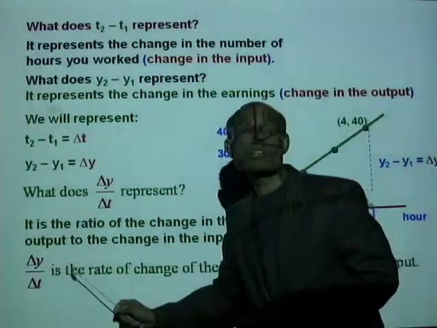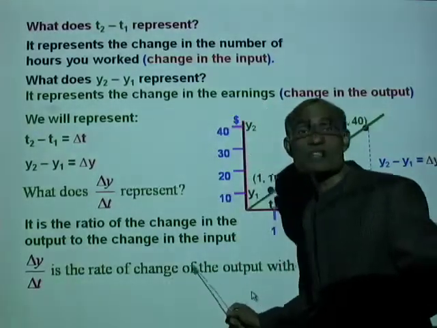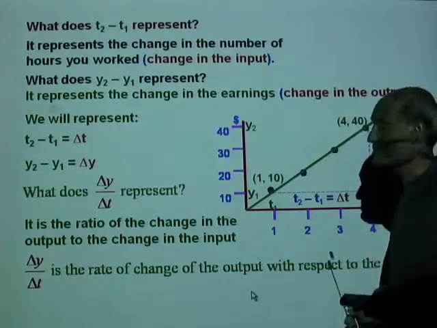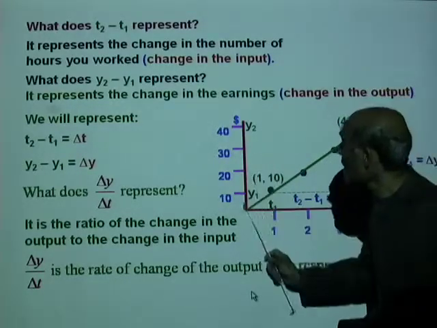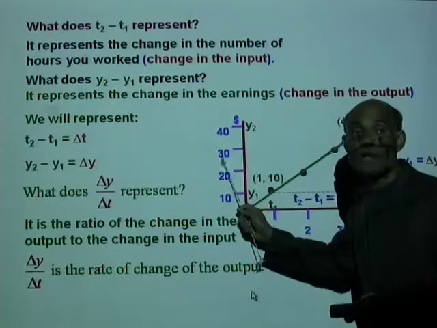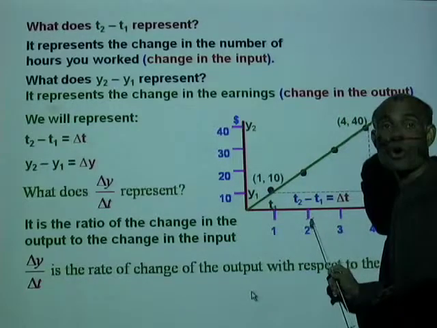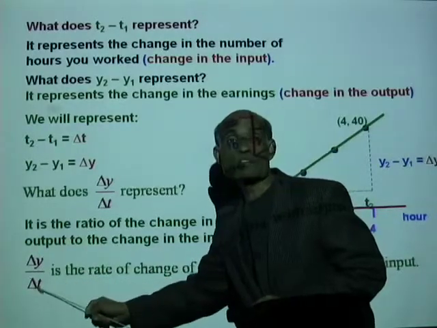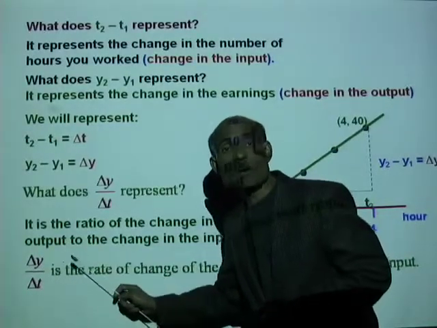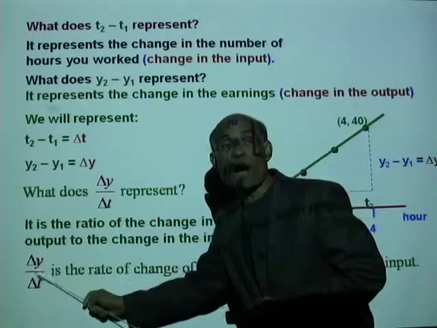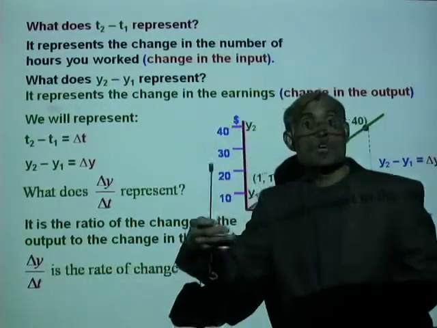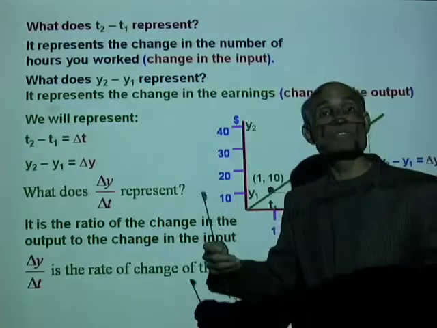And we call it the rate of change of the output with respect to the input. Since the output is called y and the input is called t, I can say delta y by delta t is the rate of change of y with respect to t. The rate at which y changes with time.